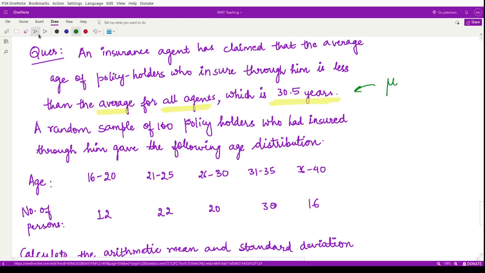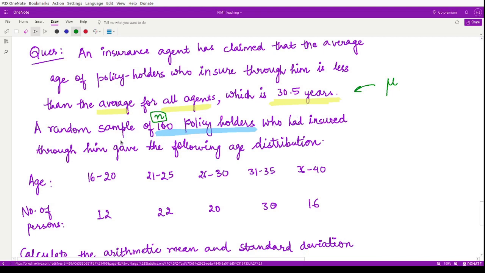Now they are saying a random sample consisting of 100 policy holders. So here this is the sample whose members are 100 total. So here this represents the small n, right? The number of elements present in the sample.